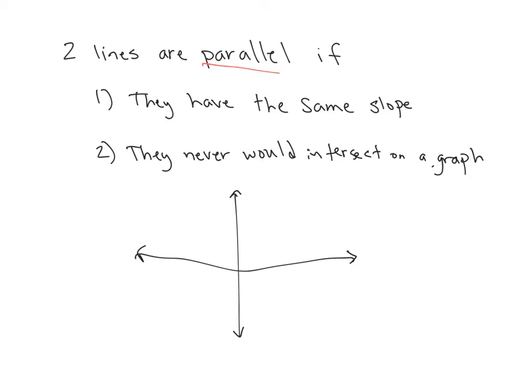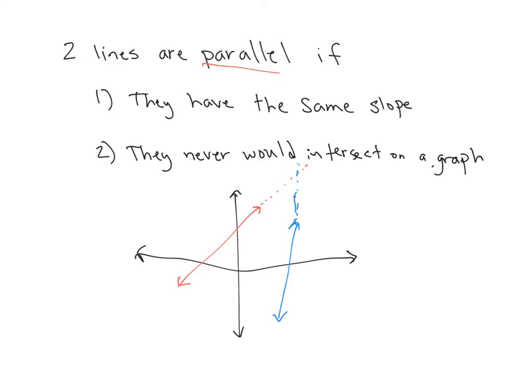If this is our coordinate plane, if that's line A and this is line B, those are not parallel lines because even though they don't intersect or cross on this graph, if we extended by the arrows, they would eventually cross, right?